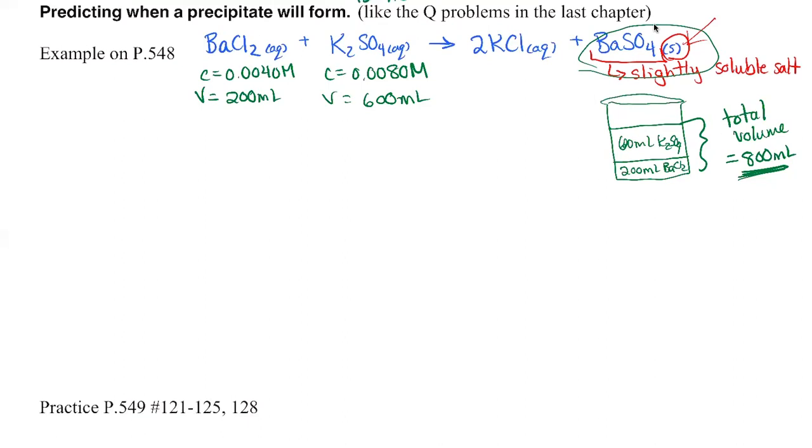So the solubility reaction of barium sulfate that we're looking at is BaSO4 solid. We want to know how much of it is actually going to be able to dissolve, so how much is going to break into ions?